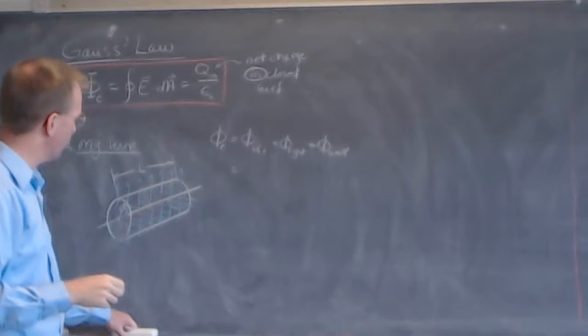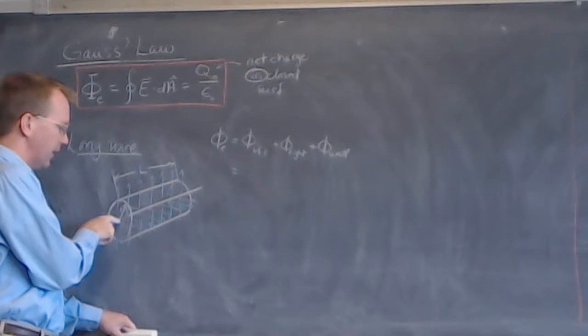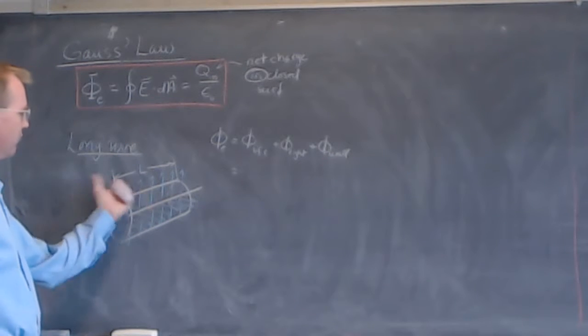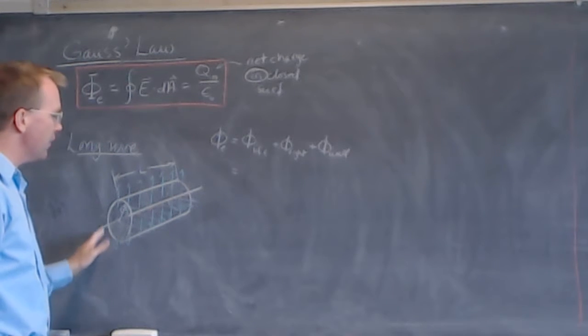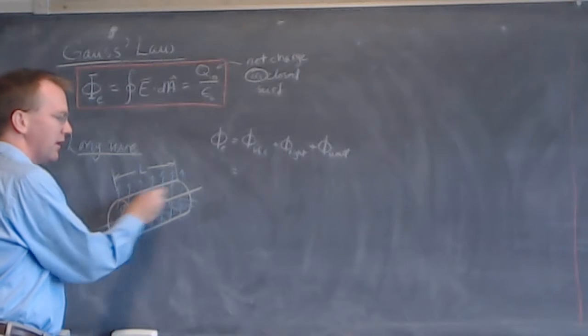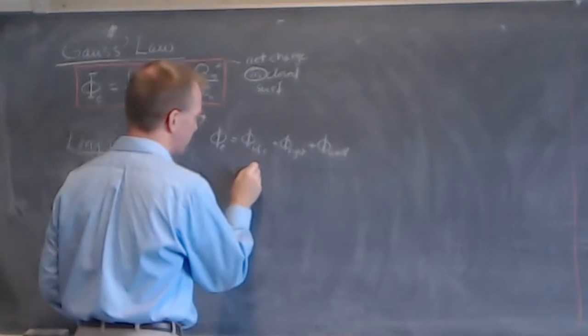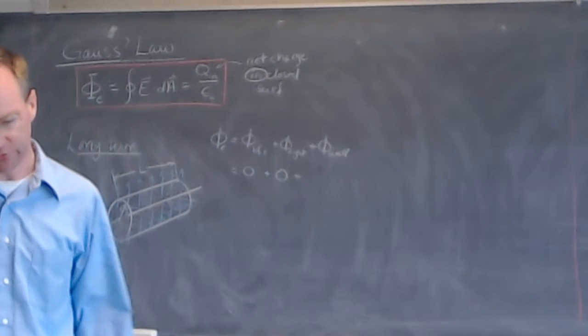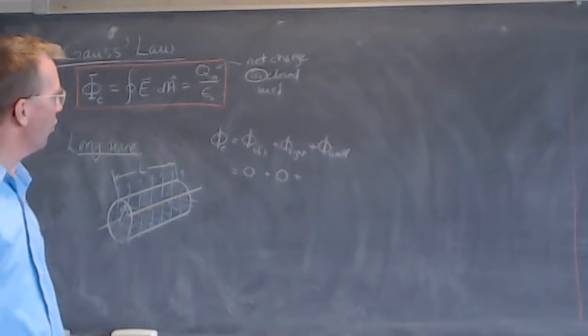From symmetry, we know that none of the field, since the field lines have to go straight out from the wire, they can't go at some angle to it, none of them pierce through the left or the right discs. And we're left with just the wall of that cylinder.